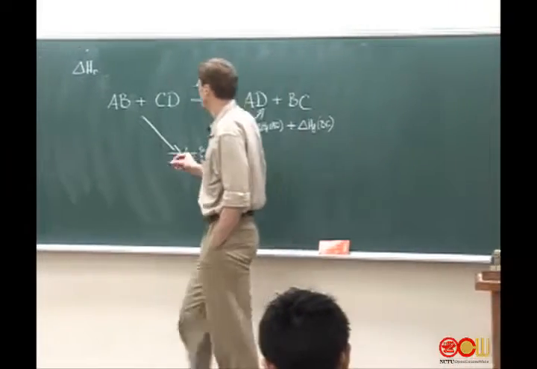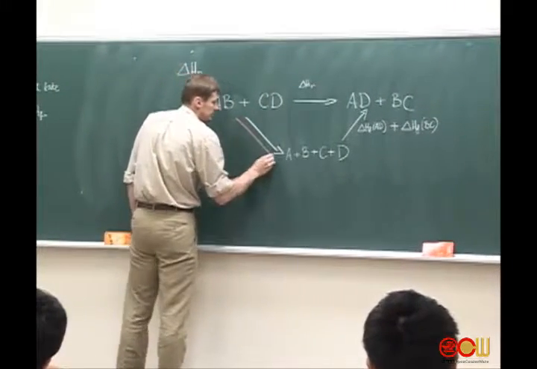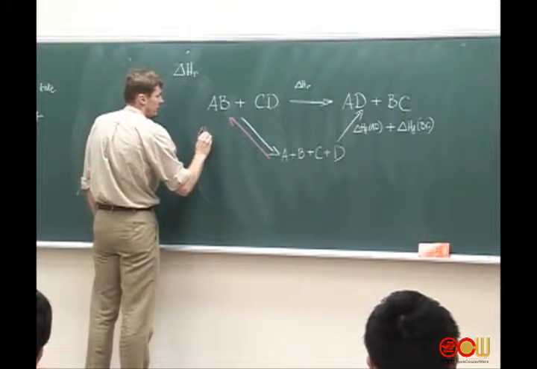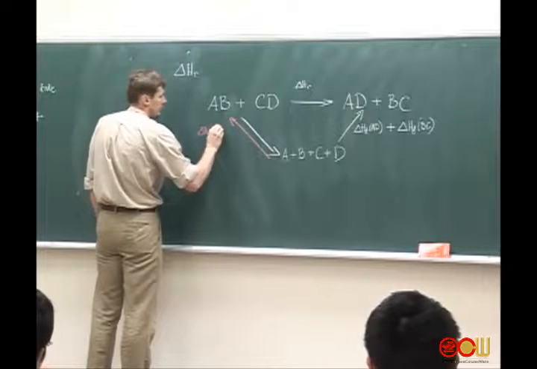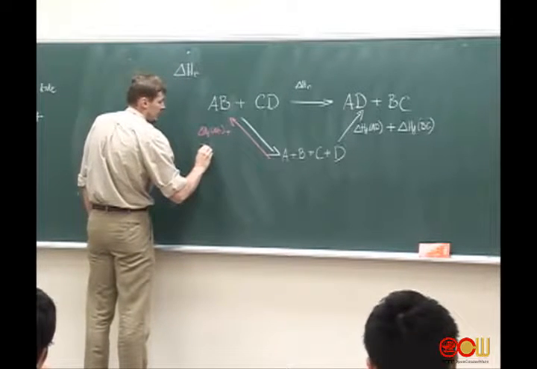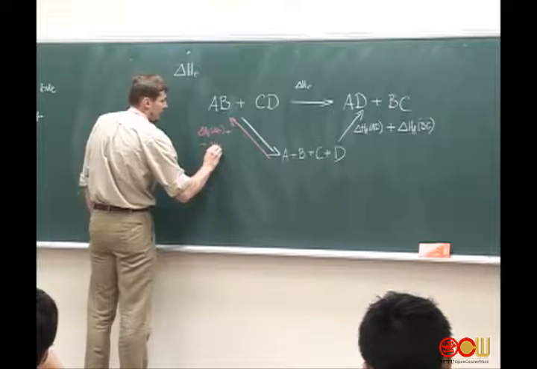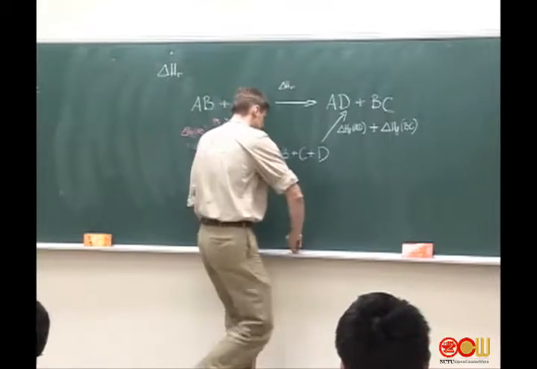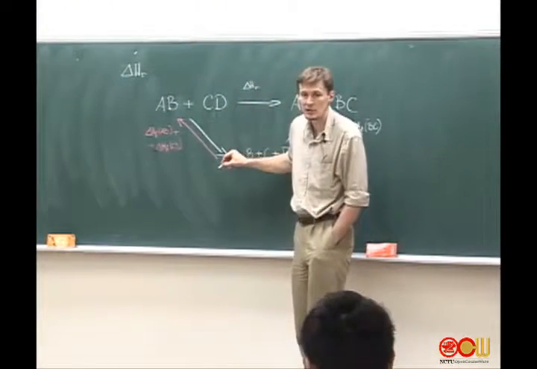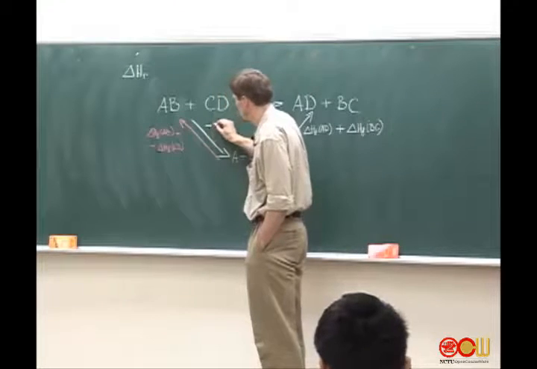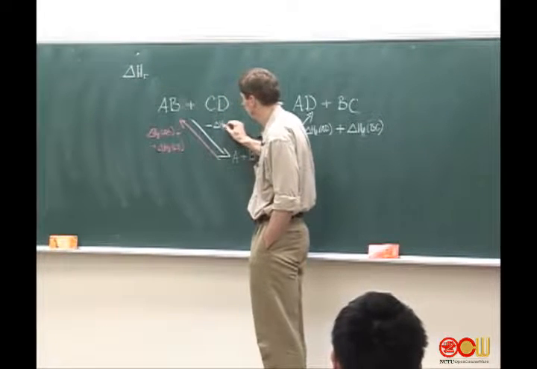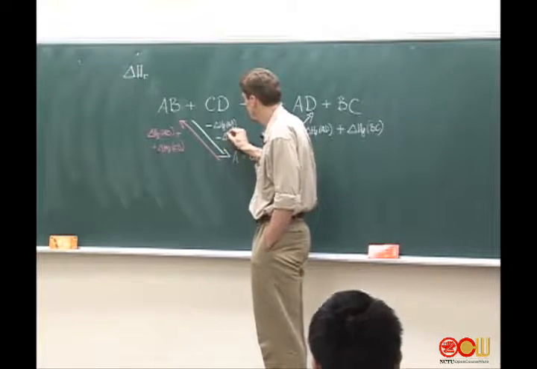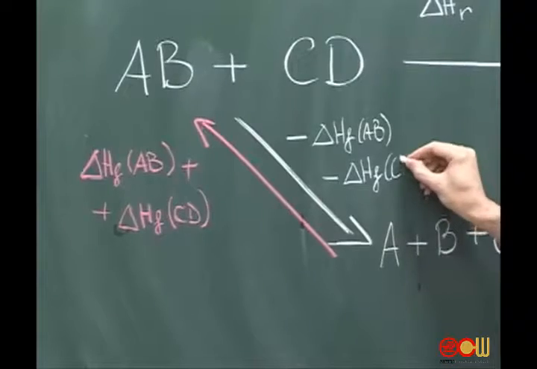Now here, if I'm coming this direction, then that would be enthalpy of formation of AB plus enthalpy of formation of CD. But I'm going the opposite direction, so it would be just minus enthalpy of formation of AB minus enthalpy of formation of CD.